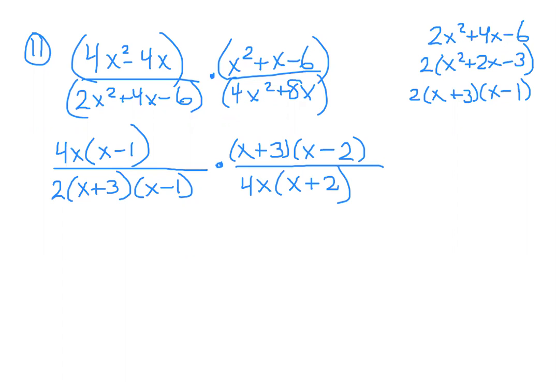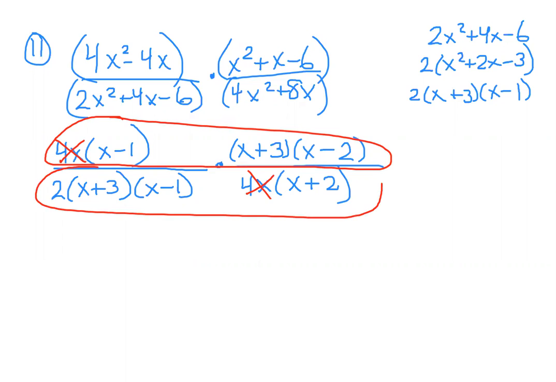And now we can see what it is we can cancel, okay? Well, we can cancel this 4x and this 4x. You can cancel now anything that is in this whole numerator with anything that is in this whole denominator. Everything is over everything now. So we got an x minus 1 and an x minus 1.